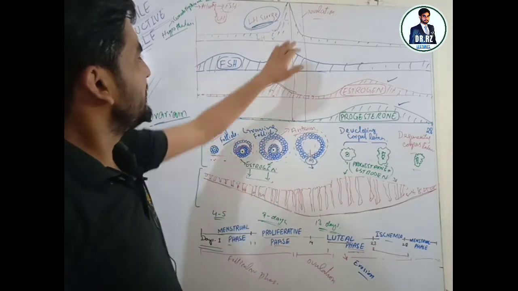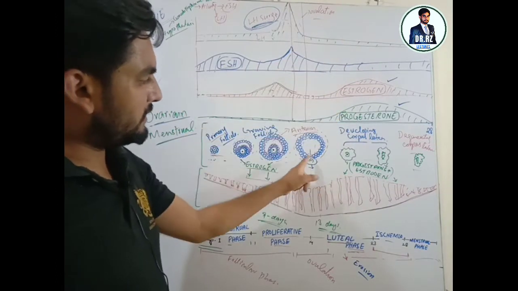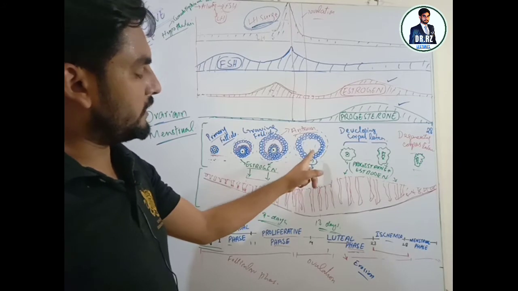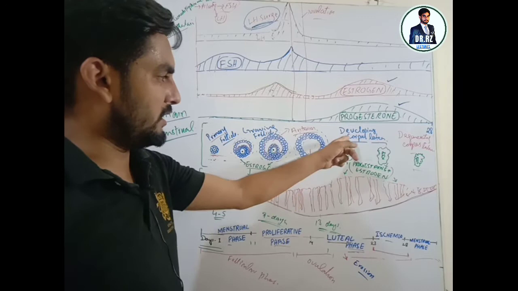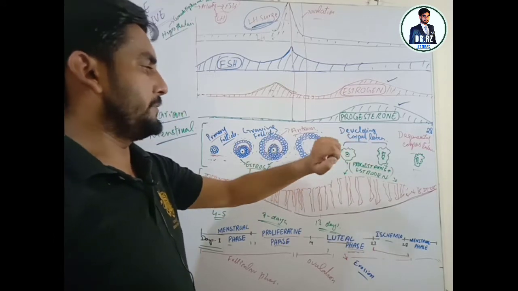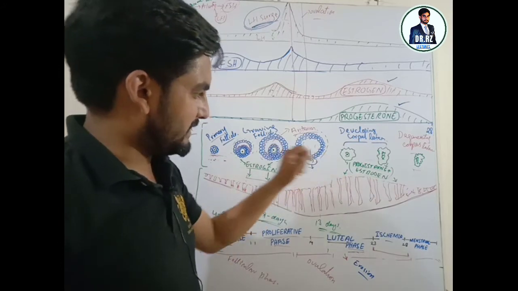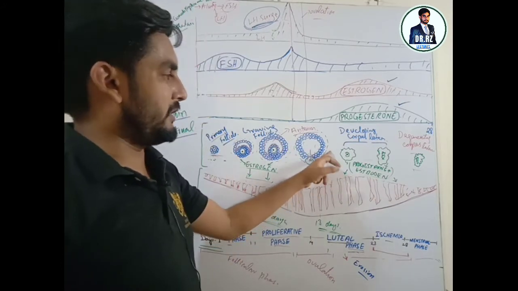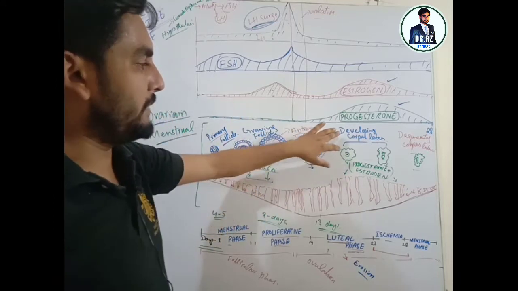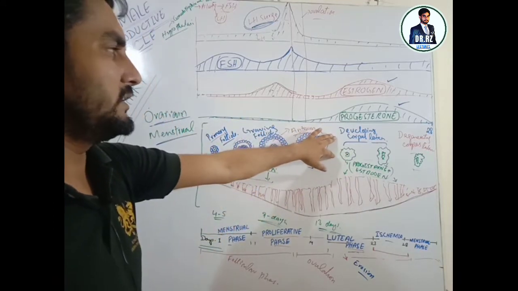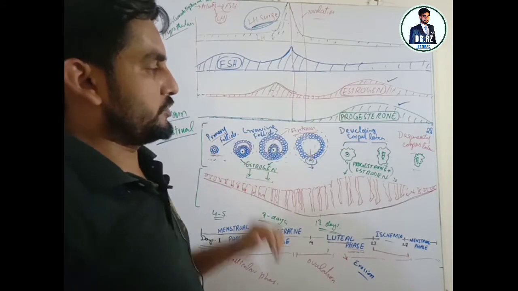Next, these two hormones are diminished. The remaining structure after ovulation develops into a structure called the corpus luteum. The corpus luteum is a glandular structure. If pregnancy occurs, it forms the corpus luteum of pregnancy, and the main function of this glandular structure is the release of progesterone and estrogen.